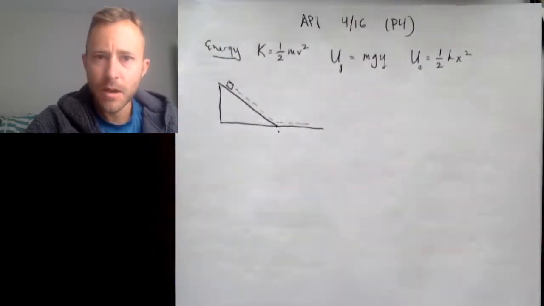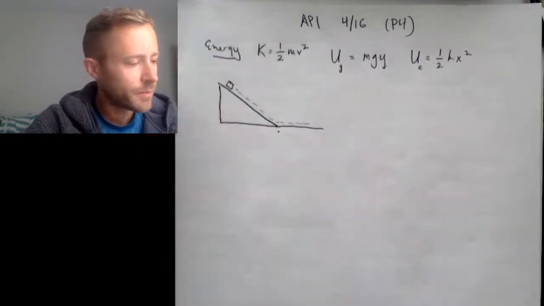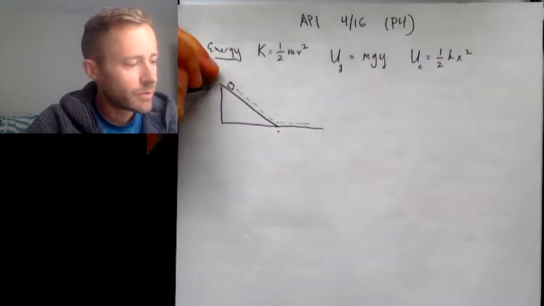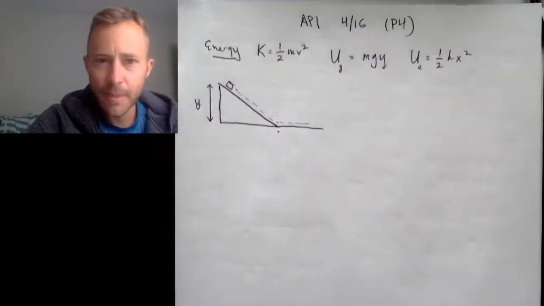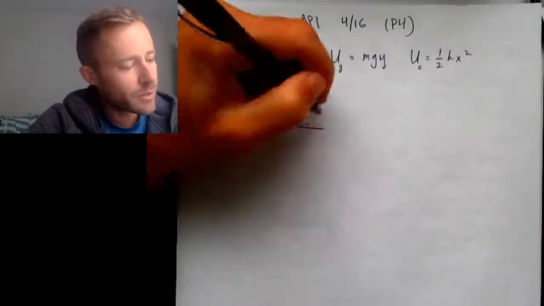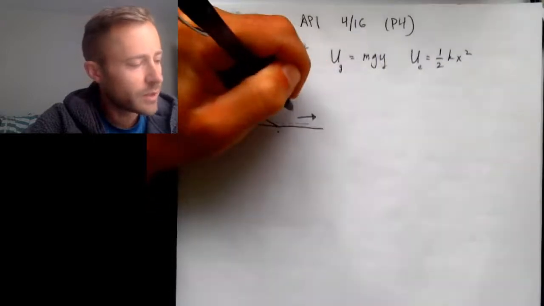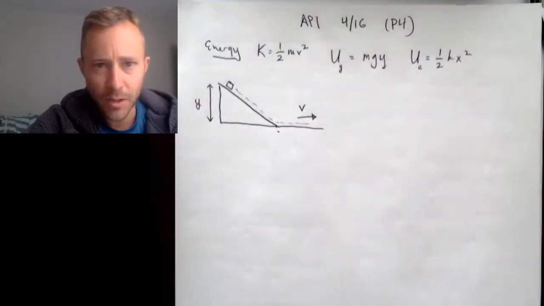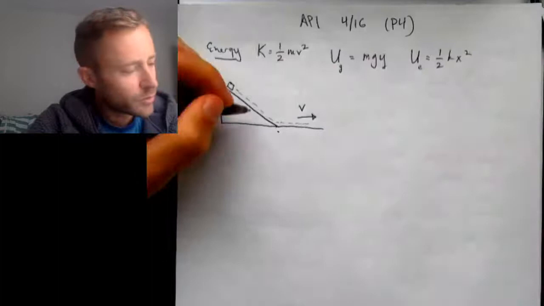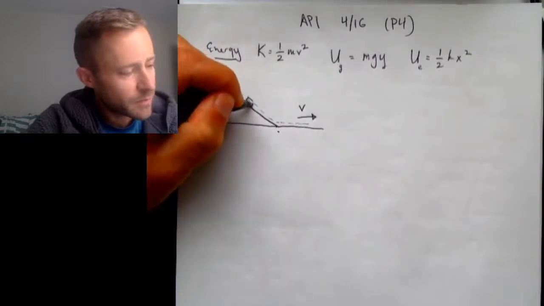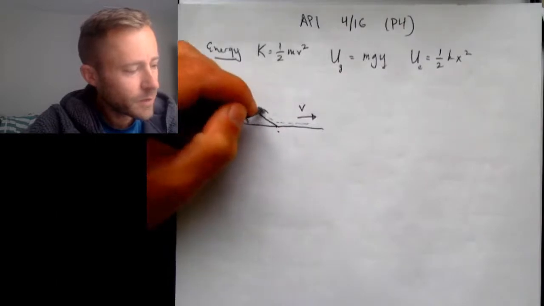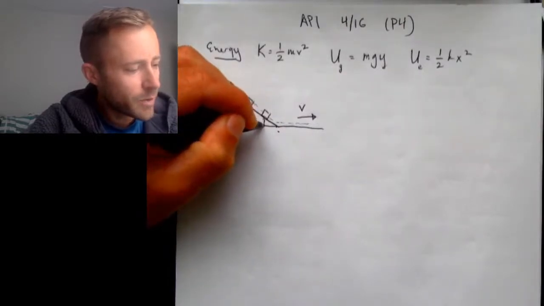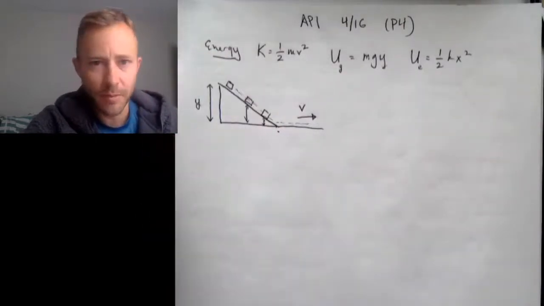Okay? And then what we do is we measure its initial height, and then we measure its speed once it gets to the bottom. Okay? And what we do is we start out the object at a couple of different heights. Okay? And we measure its final speed at the bottom in each case.